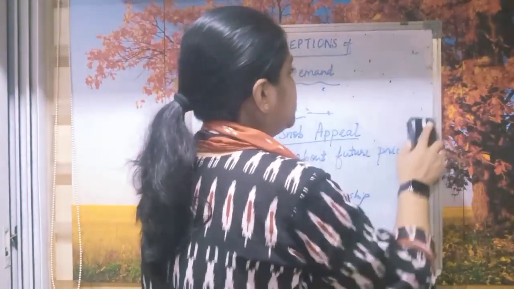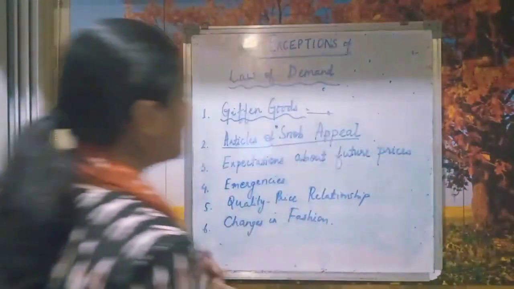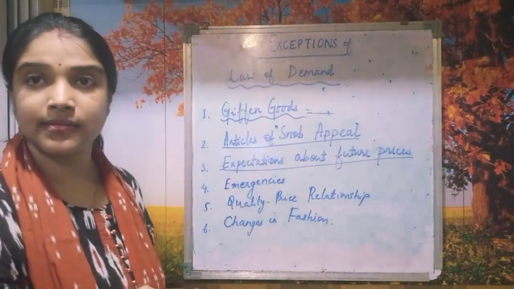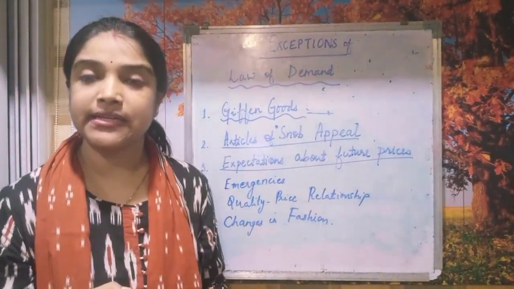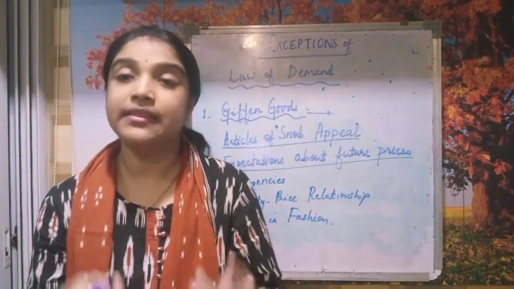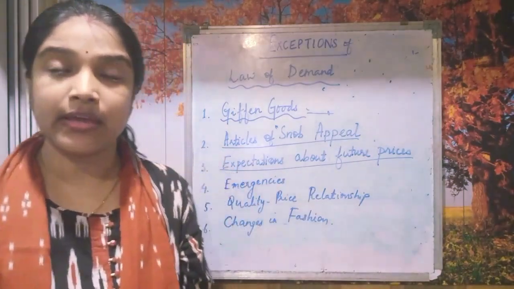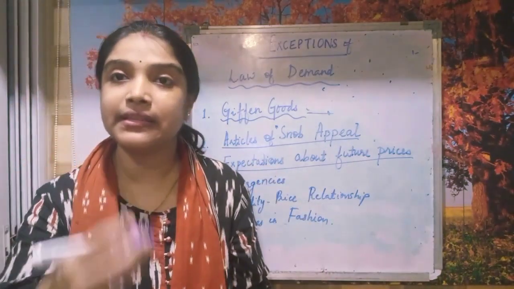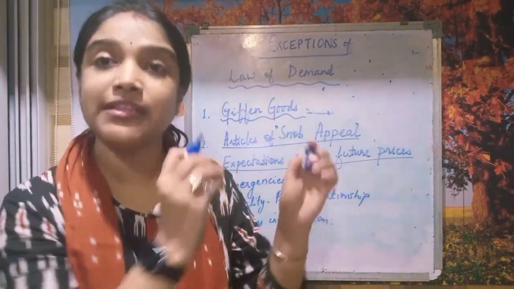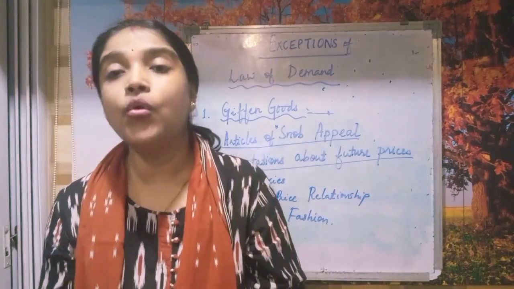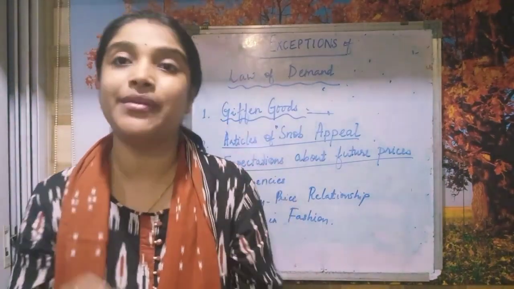Next we come to the third point of exceptions, and that is the expectations about future prices. Now, we have already studied when we expect there is a future price rise for a particular commodity. Okay, when we are expecting that there is a price rise for this particular product in the future, there'll be more demand for it in the present.